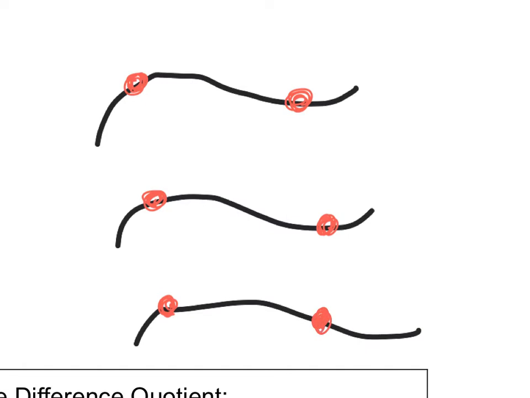Those 2 points can actually literally approach each other, so they could both be on the move. That's a pretty rare instance, but they're approaching a single point. It could be the case that the second one is approaching the first one, or it could be the case that the first one is approaching the second one.